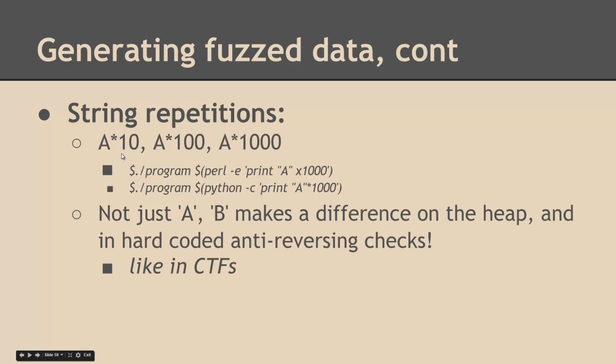Simply increasing by order of magnitude will be sufficient to catch any string-based buffer overflow. But sometimes in CTFs they have built-in checks to make sure you're not throwing A's at it. So checking out different characters actually also makes a difference in other anti-reverse engineering checks, as well as sometimes on the heap.